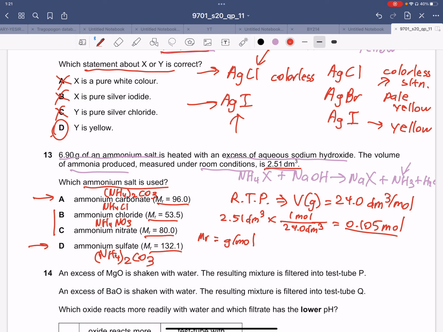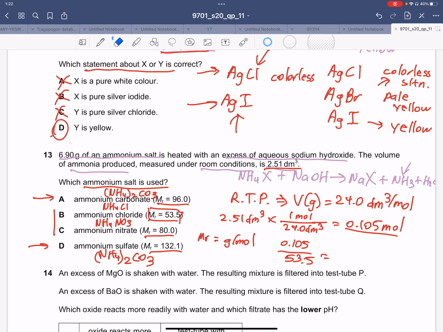All right, so if we were to do that, let's take a look at this value. If we were to divide that 0.105 by 53.5... Oh, no, never mind. You'd have to do the opposite. You just multiply it.